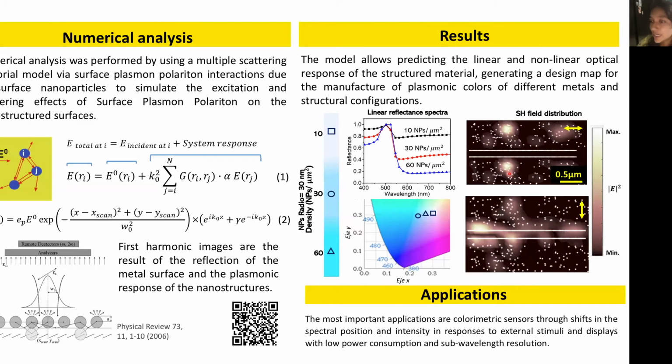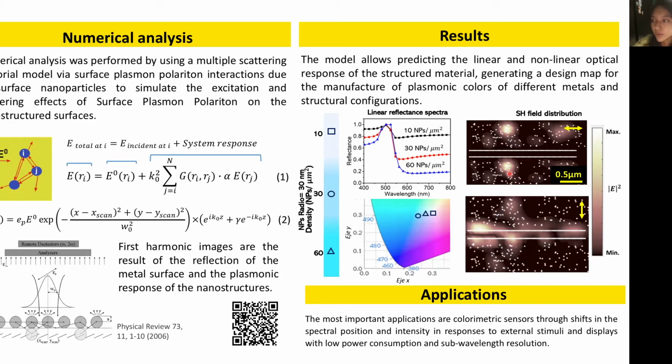The numerical analysis was performed using a multiple scattering vectorial model via surface plasmon polariton interactions due to surface nanoparticles, to simulate the excitation and scattering effect of surface plasmon polaritons on the nanostructure surface.